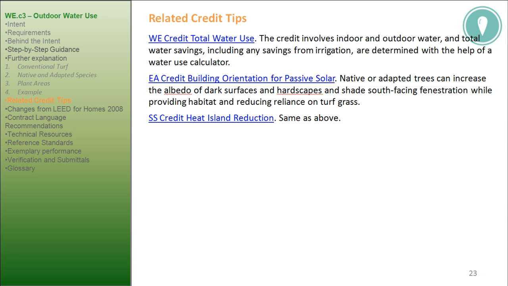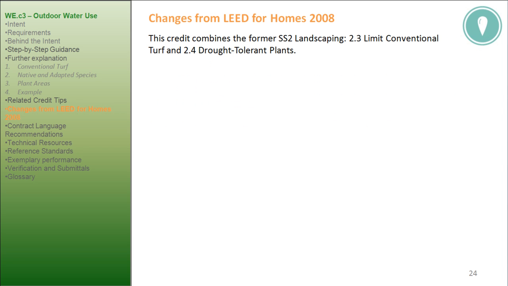Native or adapted trees can increase the albedo of dark surfaces and hardscapes and shade south-facing fenestration while providing habitat and reducing reliance on turf grass. SS credit, heat island reduction. Same as above. Changes from LEED for Homes 2008. This credit combines the former SS2 landscaping, 2.3 limit conventional turf and 2.4 drought-tolerant plants.